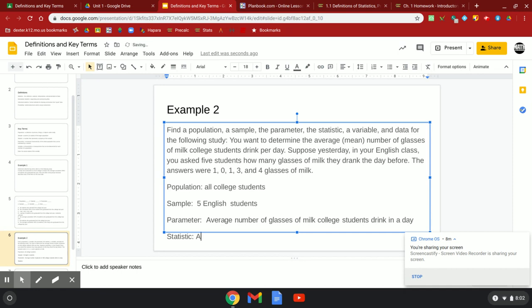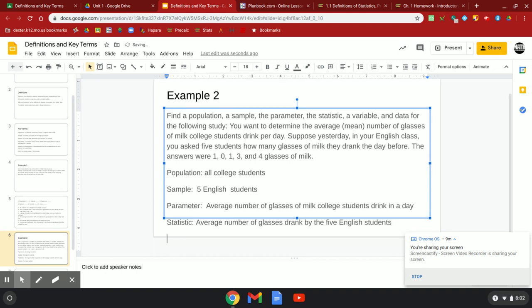And so it's going to be the average number of glasses drank by the 5 English students.